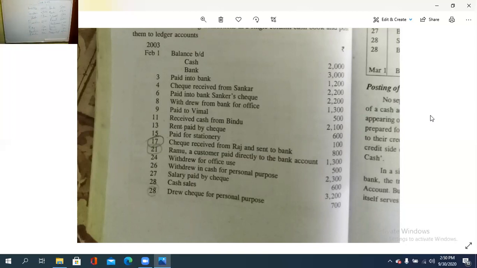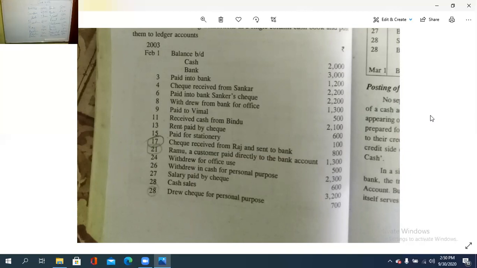Then salary paid by check. Entry salary, how much? 600. Cash sales, here sales it is coming, 3,200. And drew a check for personal purpose. Personal purpose in a check withdrawn.